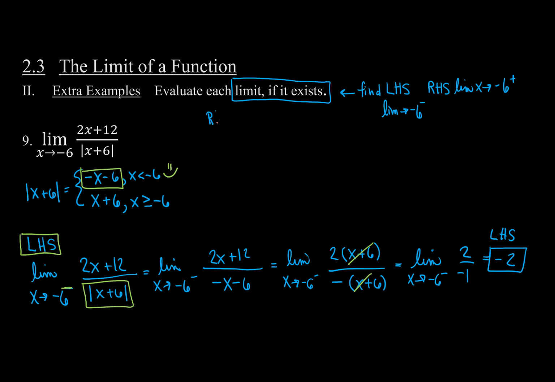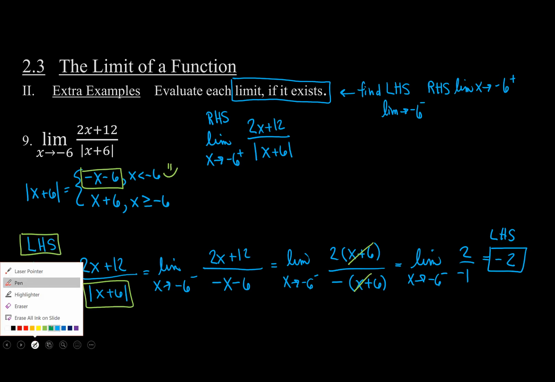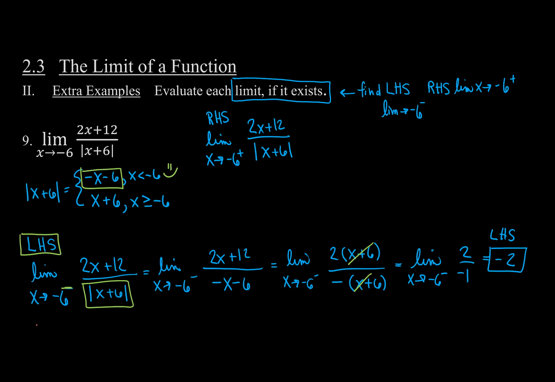Now let's do the right-hand side. So the right-hand side is the limit as x approaches -6 from the right of the 2x plus 12 all over the absolute value of x plus 6. Now, because this is the right-hand side and I'm approaching -6 from the right, I'm going to use the right-hand definition for the absolute value.